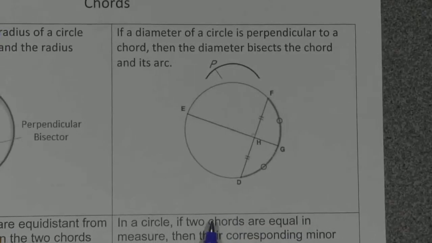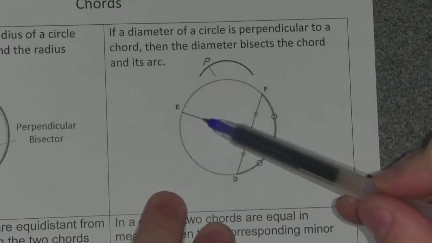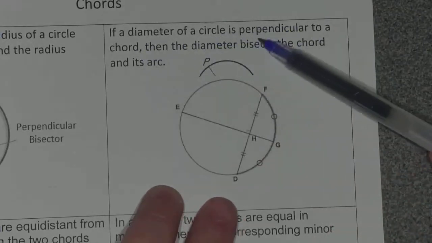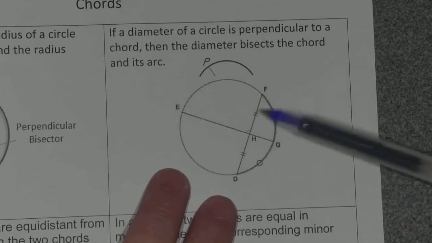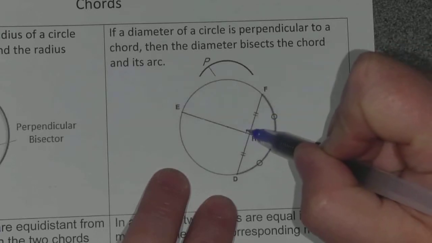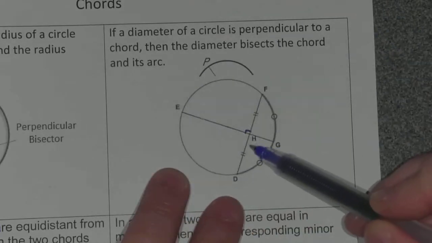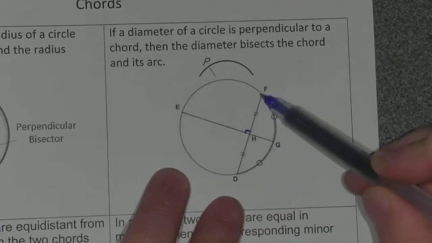Another rule says that if you have the diameter, then the diameter of a circle is perpendicular to the chord. So again, meaning that it forms 90-degree angles with the chord, and that the diameter bisects the chord, which means it cuts the chord into two equal pieces.